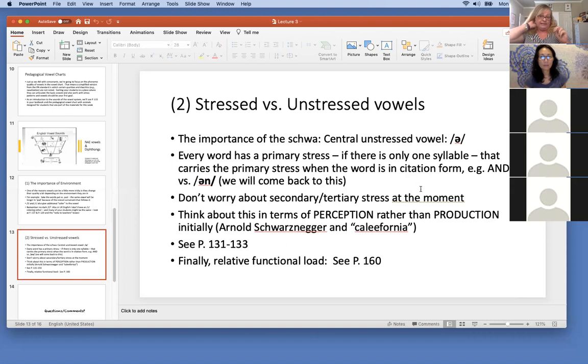In the dictionary, the primary stress is on that single syllable, right? However, when you stick it inside a sentence, you're going to lose that primary stress because you're going to end up with "bread 'n' butter," not "bread AND butter." And that takes it down to that schwa, or that schwa with an n coloring on it. So it's lost all its stress, because it's not a citation form anymore.